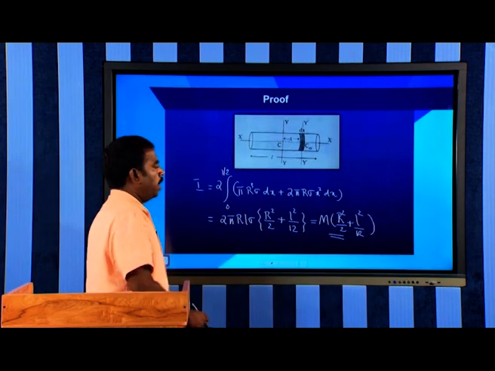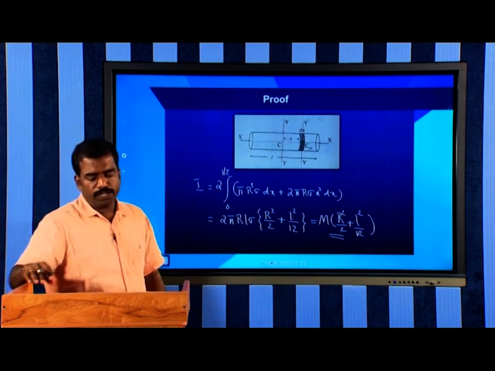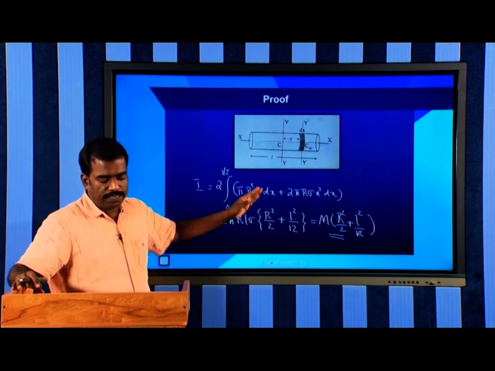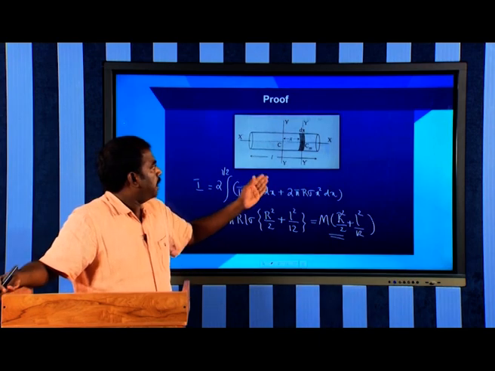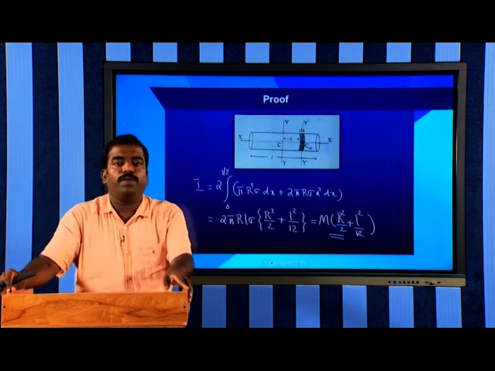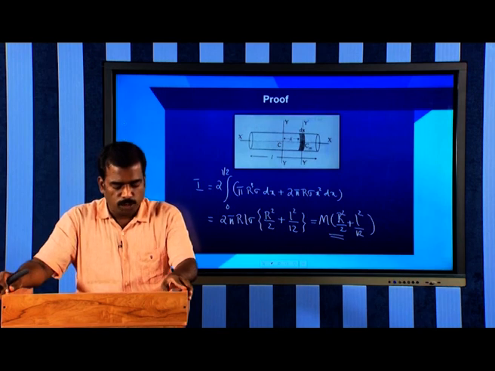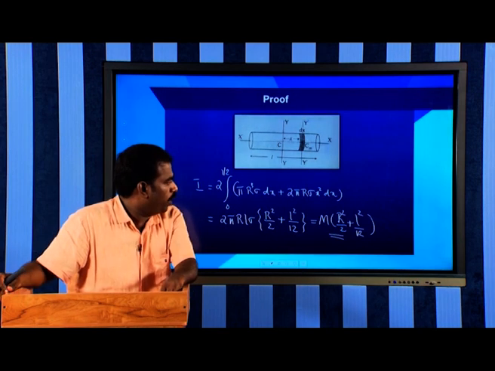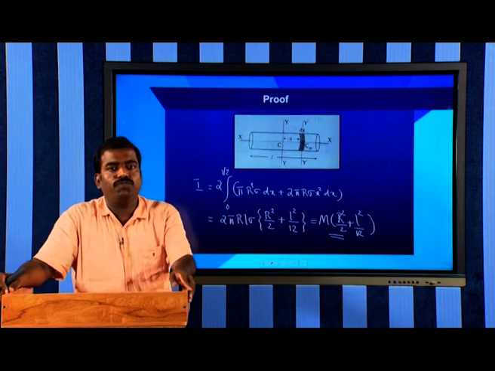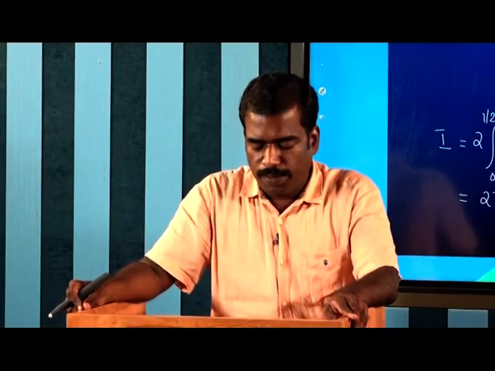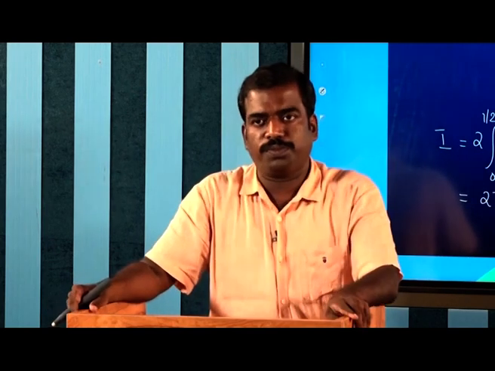So, this is the moment of inertia of the cylindrical shell about an axis passing through its center and perpendicular to its length. In the case of the solid cylinder also we got m into L square by 12 plus r square by 4. Here we got m into L square by 12 plus r square by 2.